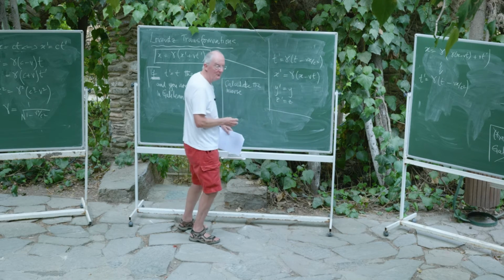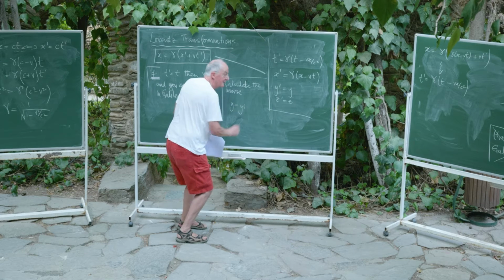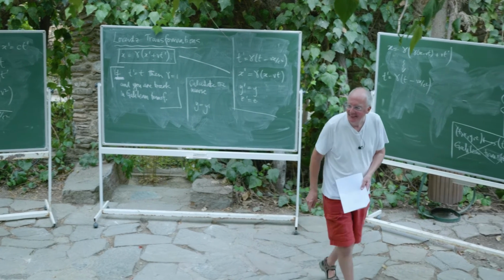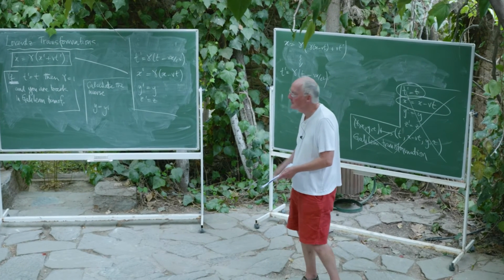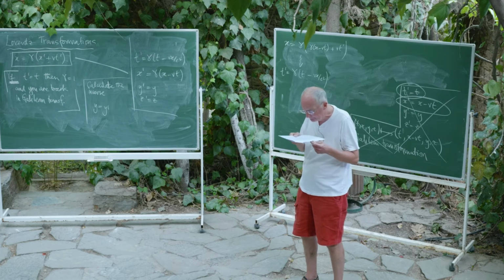I'll give you a clue: y is equal to y dashed. It's not hard. It's just an exercise, just to get you familiar with these transformations. That's all. It's an easy exercise.